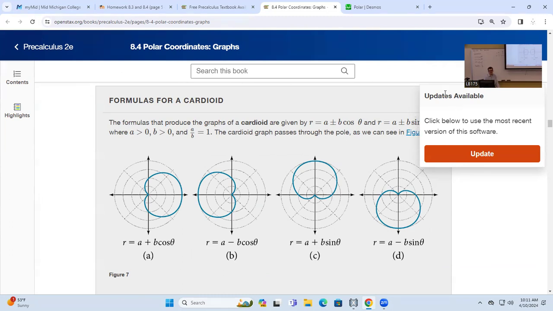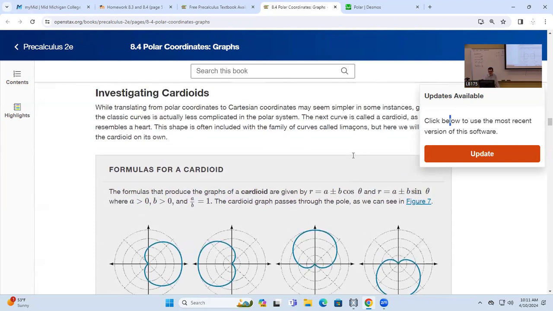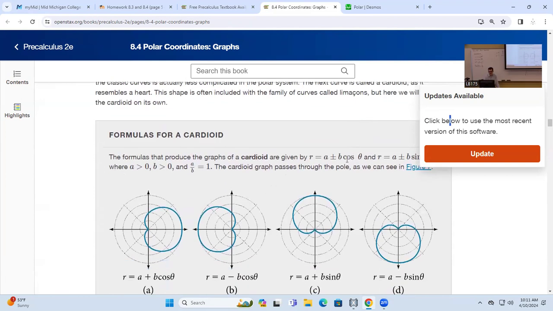And if, oh, what does this say? If a and b are the exact same, then that cardioid comes in and touches the origin and goes back around.